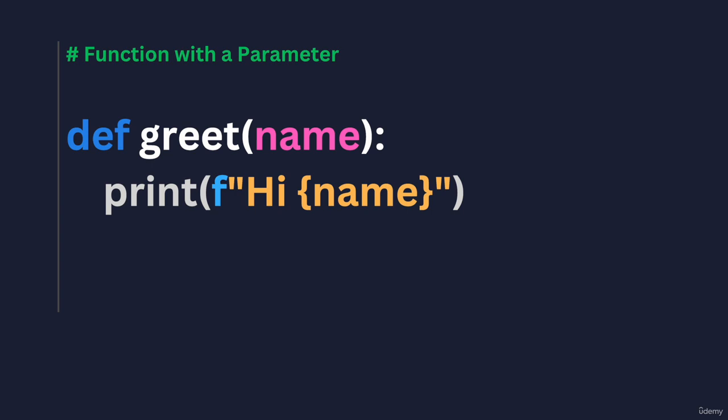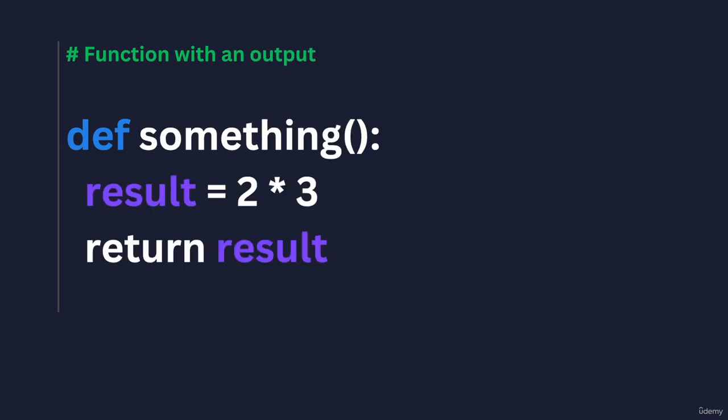But there's one type of function we haven't talked about, though interestingly enough, we've actually used it. That is a function with an output. The idea with a function with an output is that you do the same thing, define a function and run some sort of command, but in this case you use a keyword called return and you return something.